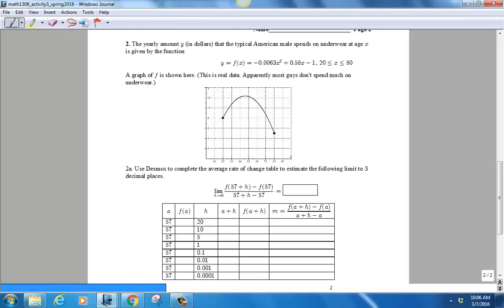So by filling out this table, what you're doing is calculating a bunch of slopes of secant lines. But remember, those secant lines, as we make this increment progressively smaller, are going to look more and more like the tangent line. And then by looking at this pattern of these slopes of these secant lines, you can project what the correct slope of the tangent line must be. Okay, so that's the purpose of filling out one of these average rate of change tables.